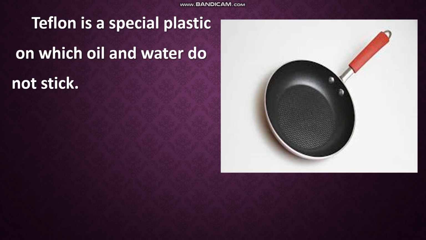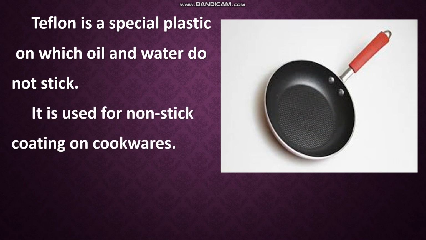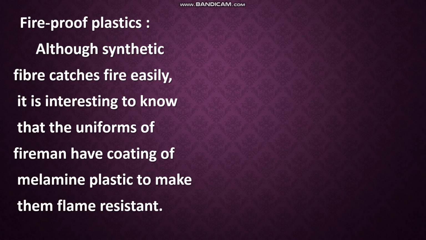Can you say whether Teflon is a thermoplastic or a thermosetting plastic? It is thermosetting plastic, obviously. What is the reason? If it were a thermoplastic, the plastic would melt along with the food material. So Teflon is used for non-stick coating on cookware.